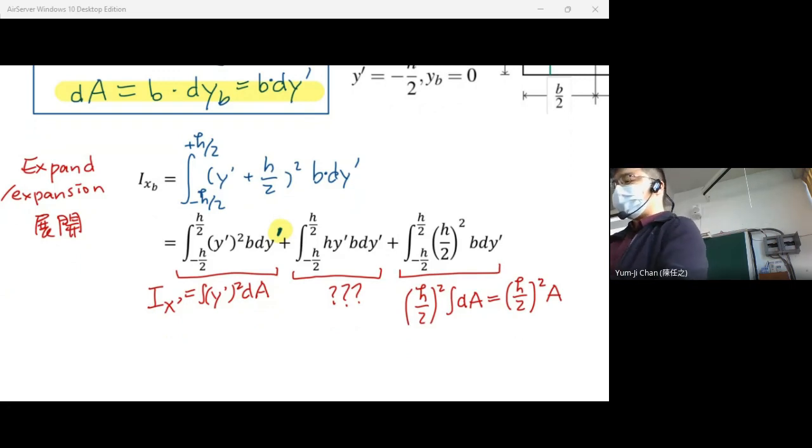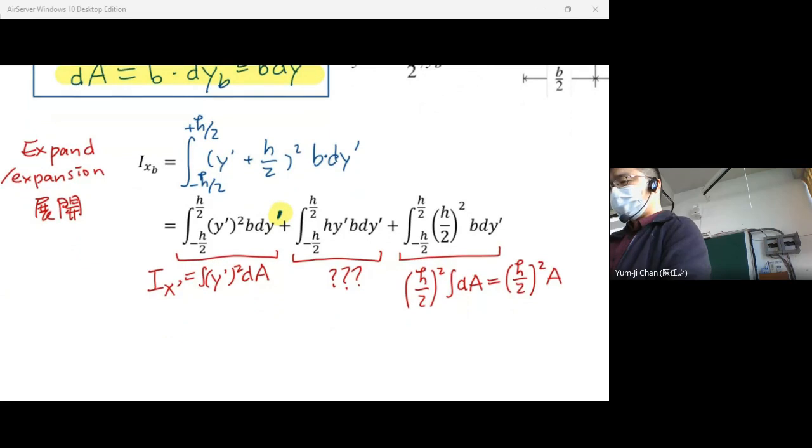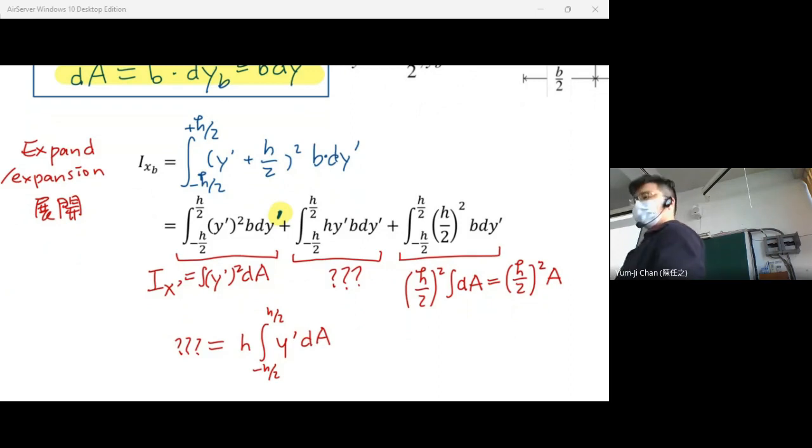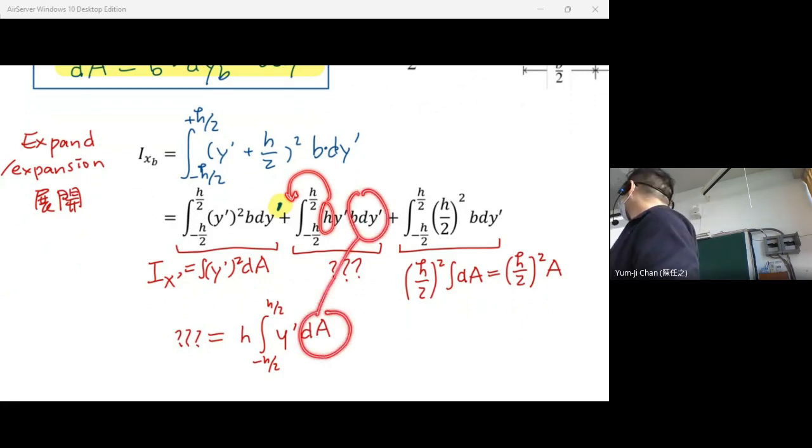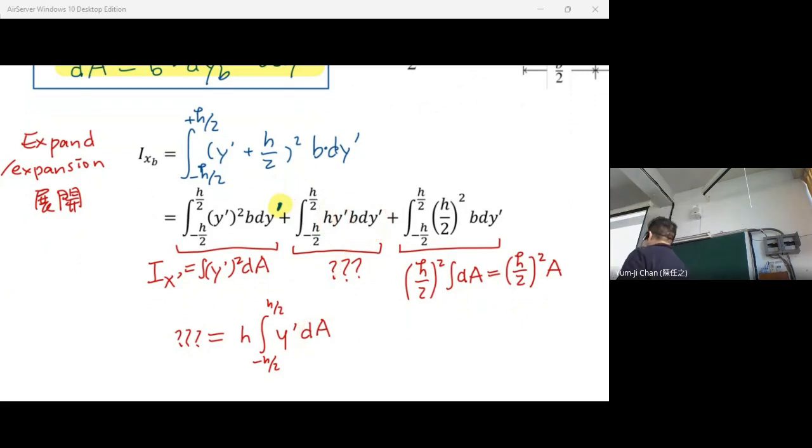For the second term, it is equal to this one. Because we can move h outside, and b dy prime is equal to dA. So we get this one.